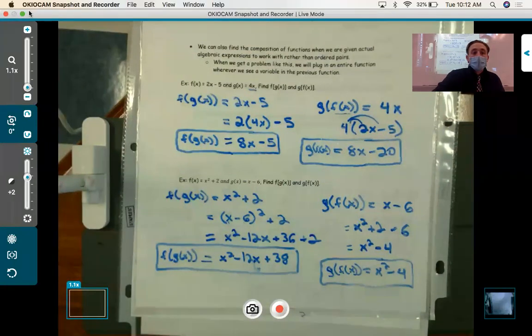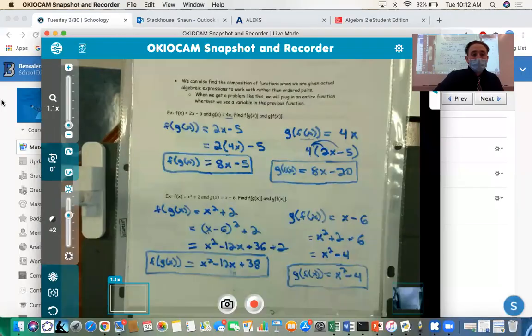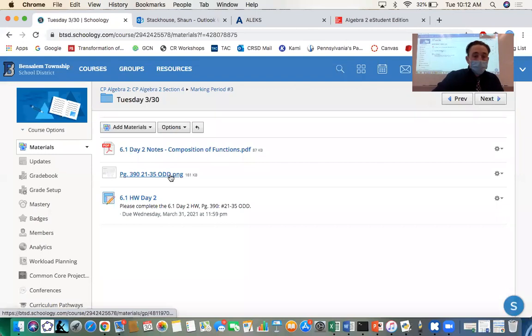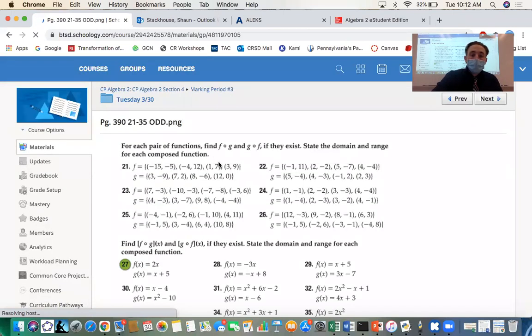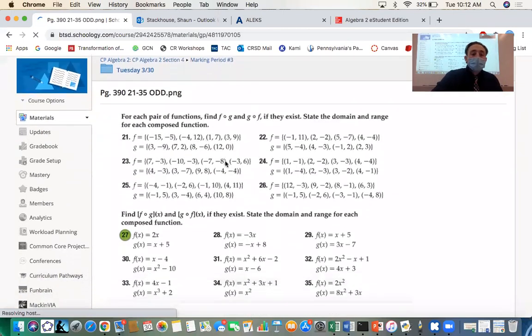Okay. Your homework for tonight. So if you go into the folder for today, page 390, you're doing 21 through 35 odd. For 21, 23, and 25, let's do just find the f of g of x.